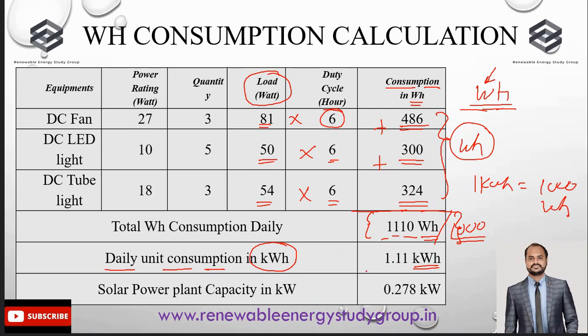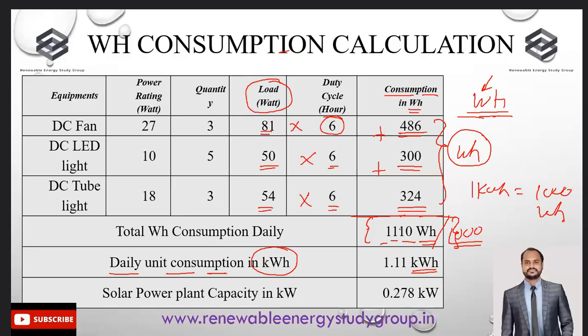Then whenever we want to design this kind of solar system, we have to identify the stipulated parameters or the formulas that we have to consider. Once we have calculated the daily unit consumption, that is 1.11 kilowatt hour, we have to divide this value by the average sunshine hours available on the given site.